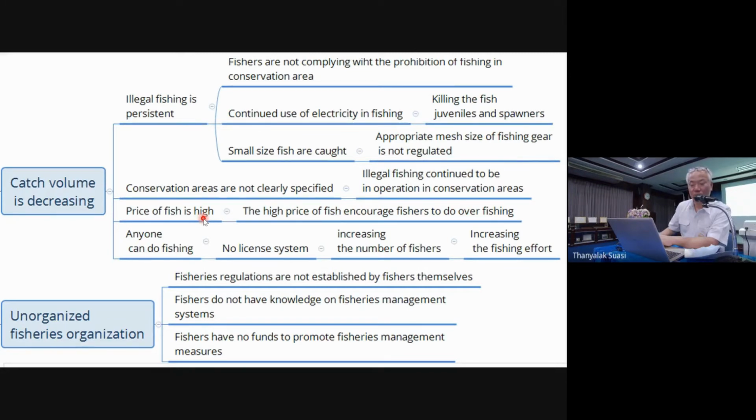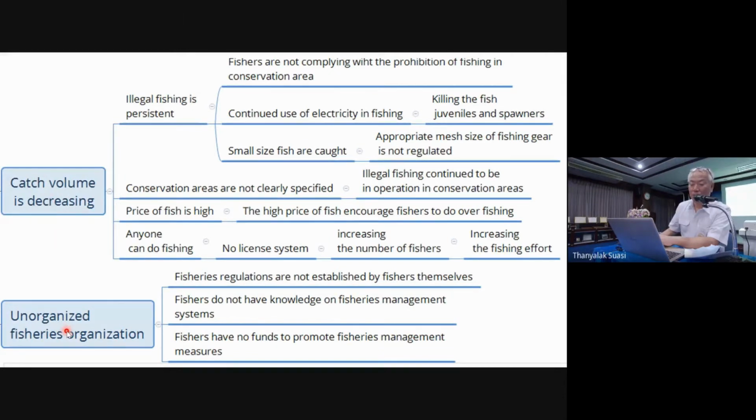This is a good thing, but the high price brings much more fishing because fishermen can get money. So it brings overfishing. And anyone can do fishing. There's no license system, increasing number of fishers and increasing fishing effort. That is the reason the catch volume is decreasing.